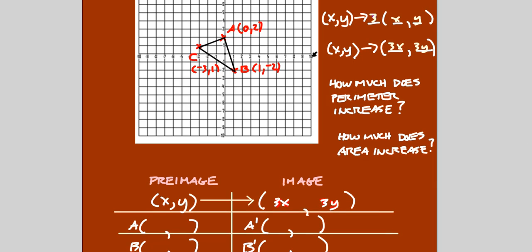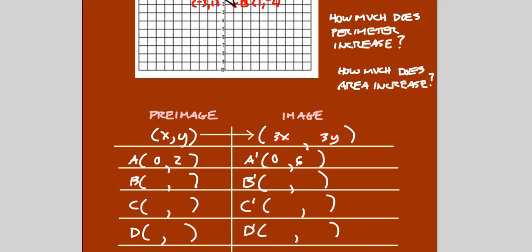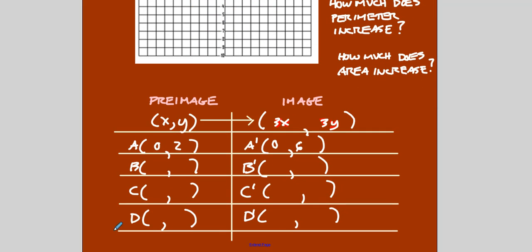Alright, so A's coordinates were 0, 2. Here 0 times 3 is 0, so that doesn't change, and then 2 times 3 is 6. So A prime is 0, 6. And actually I only have a triangle here, so I don't need point D. I can get rid of that.